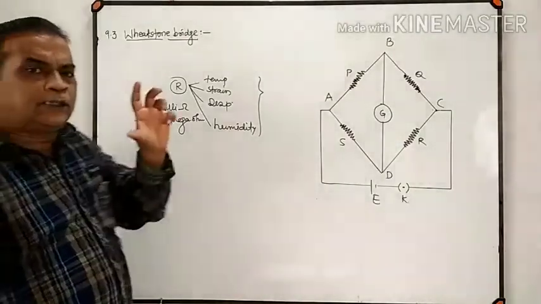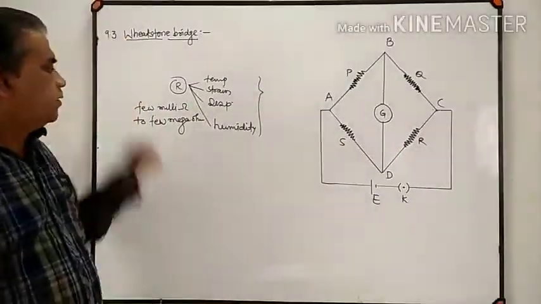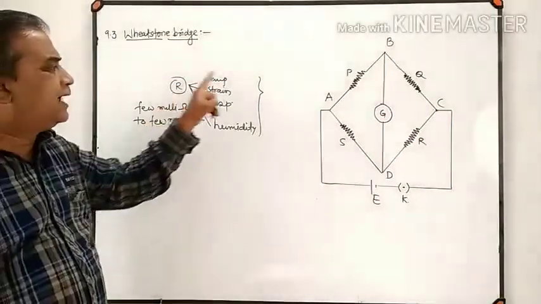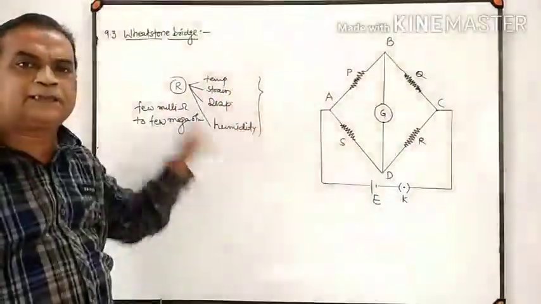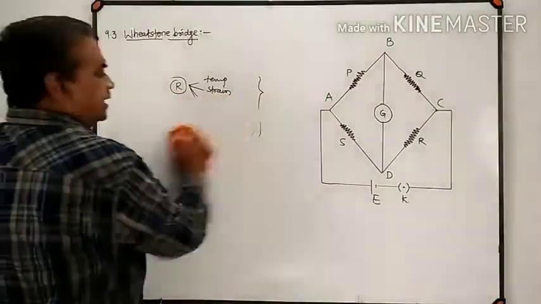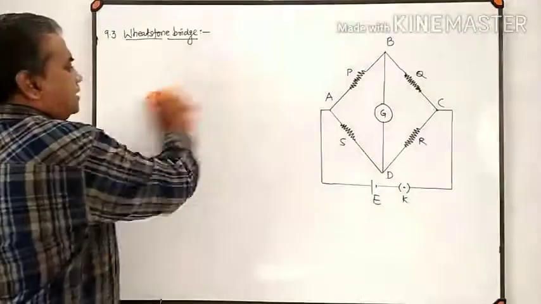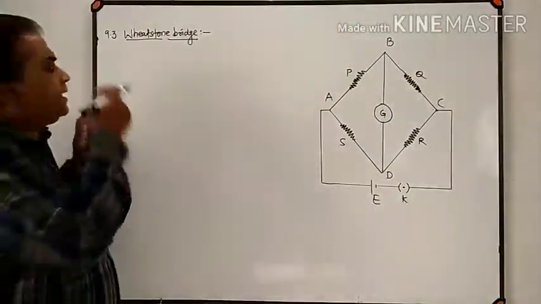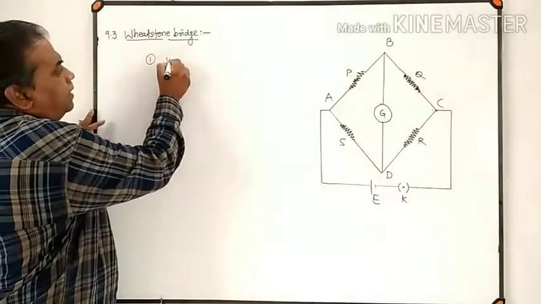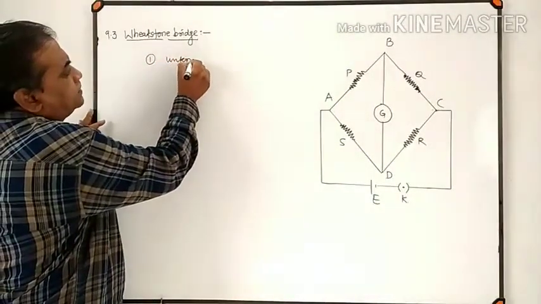So, if we know the method by which we can measure the unknown resistance of a material, ultimately we can measure these physical quantities. And Wheatstone's bridge is basically invented to measure unknown resistance.